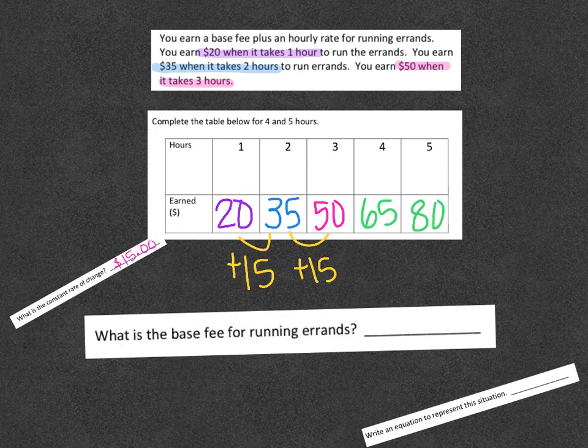So in order for me to show how much extra that fee was for the base fee, I would just subtract how much it says 1 was minus what I'm supposed to get per hour, and the leftovers would be the fee. So the base fee should be $5. And again, I got that by taking what the table said 1 was worth and subtracting off what my unit rate is.